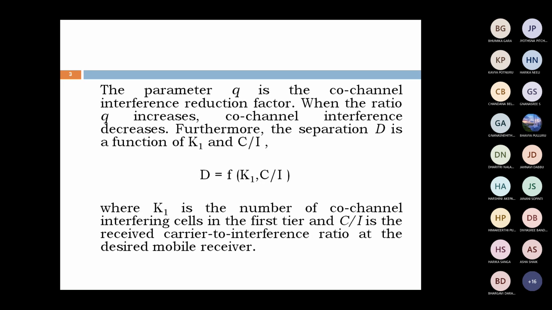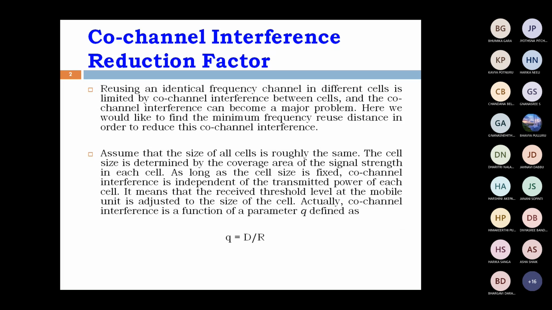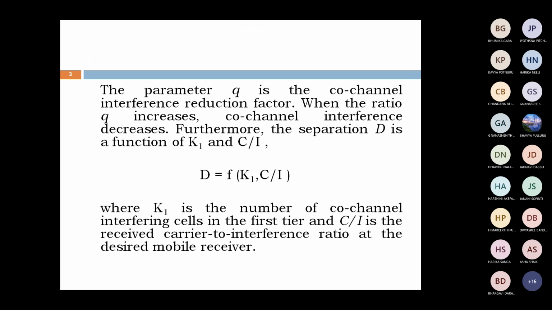whenever the frequency reuse distance increases, then automatically Q increases based upon the formula Q equals D by R. When D increases, automatically Q also increases.